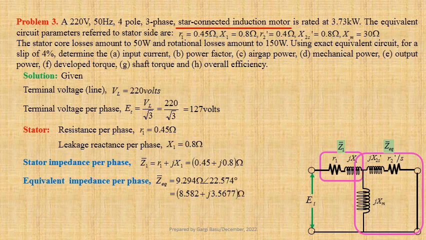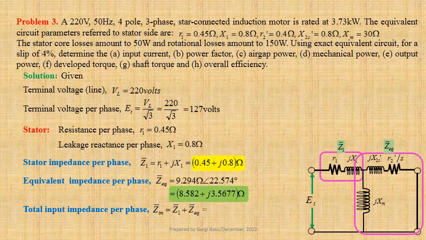Now we shall calculate total input impedance per phase Zin equals Z1 plus ZEQ. Using values we get 9.032 plus j times 4.3677 ohm. This may be written in polar form as 10.0326 ohm at an angle 25.8 degree.